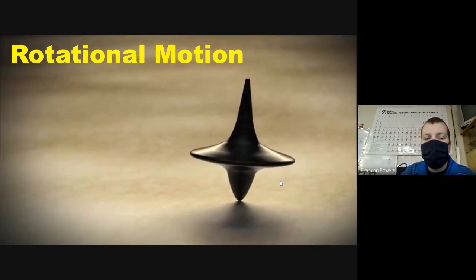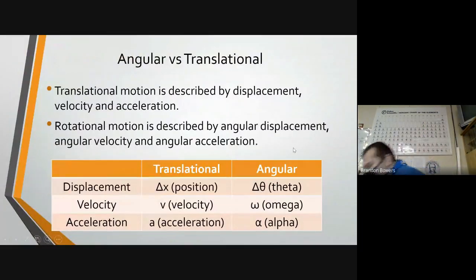Which is a lot. All right, so rotational motion. Here we go. What is angular versus translational? Now, the best thing about this is we already know displacement, velocity, and acceleration.